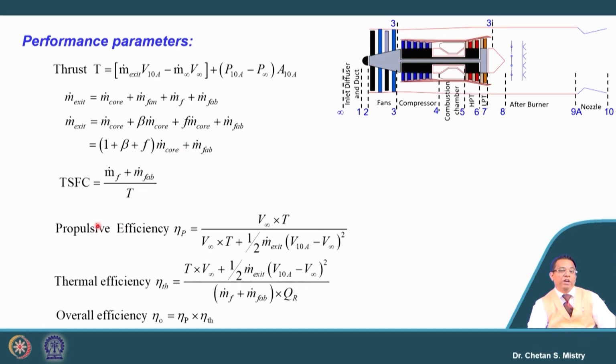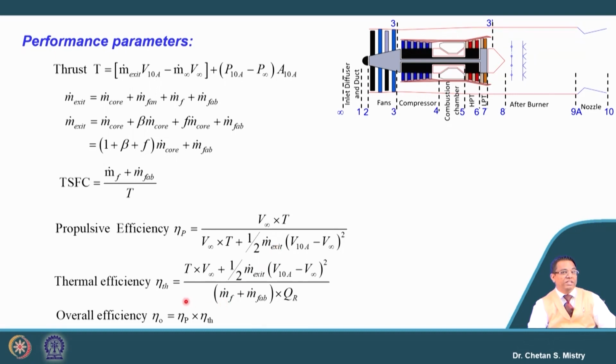When we are doing the calculation for the thrust specific fuel consumption, it will not be only on the basis of the combustion chamber. In the afterburner also we are injecting fuel, where a lot of fuel is consumed, and that is why thrust specific fuel consumption will be based on m dot f plus m dot fb divided by thrust. We can do our calculation for the propulsive efficiency, which will be based on my exit mass flow rate.